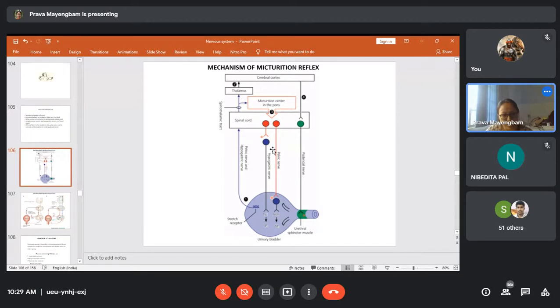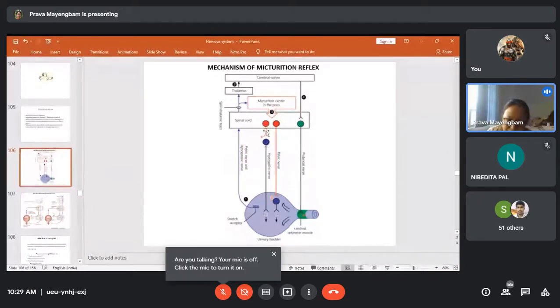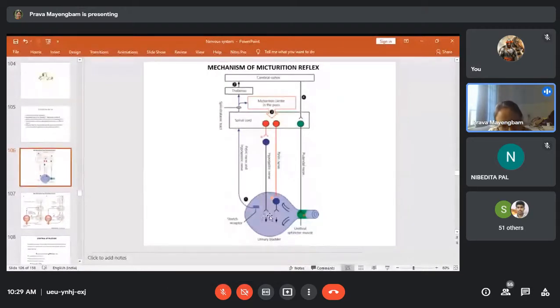Due to the active firing, there will be synapse of these nerves. Through the hypogastric nerve, it will release norepinephrine because it is a sympathetic nerve, and it allows the contraction of the detrusor muscle.